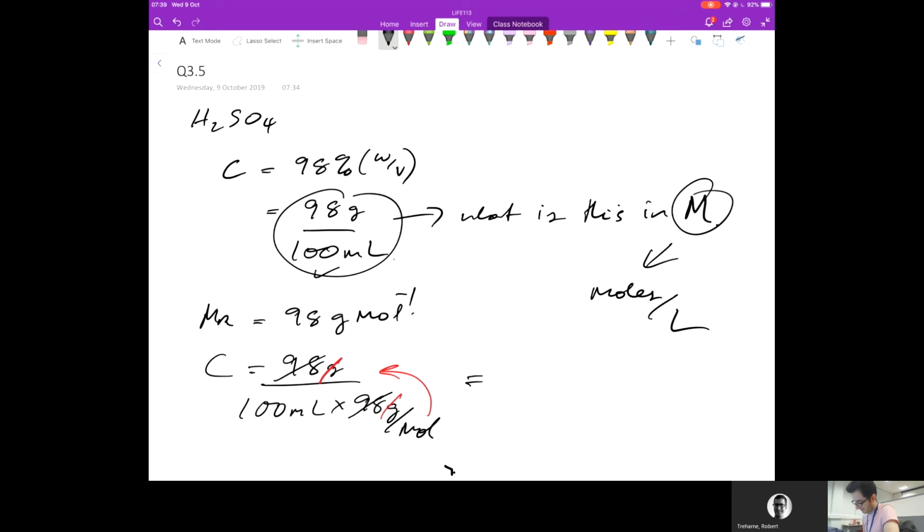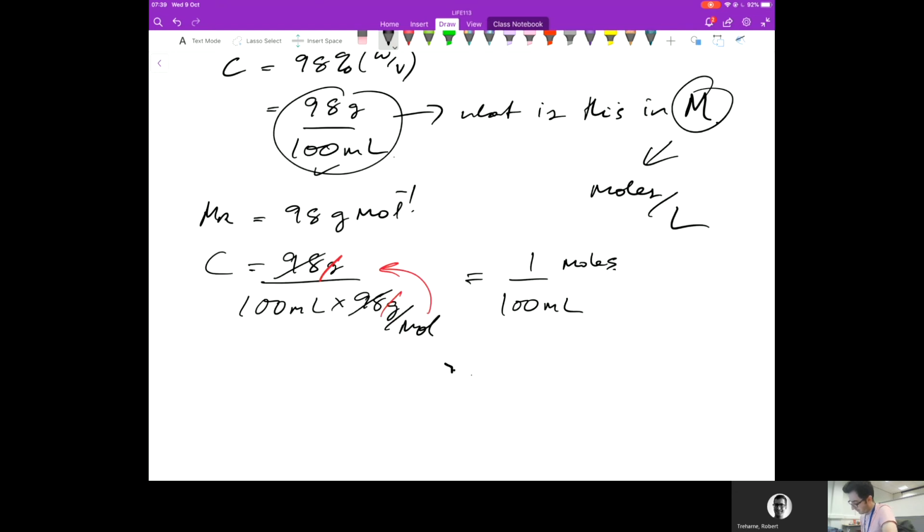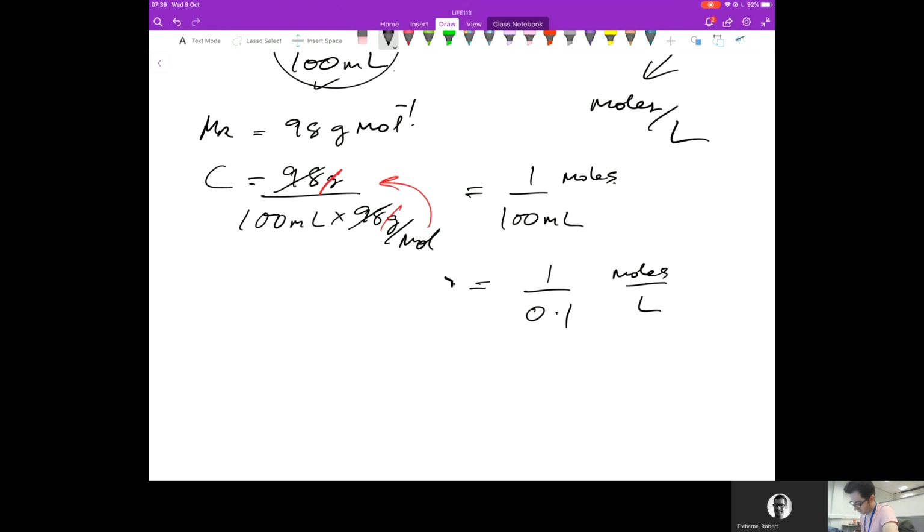So I'm actually left with 1 over 100 milliliters, and that on top is moles. So I got units of moles per milliliter. I need units of moles per liter, so that is 1 over 0.1 moles per liter, which of course is equal to 10 M. Okay, and I've still got 2 sig fig here, I believe.